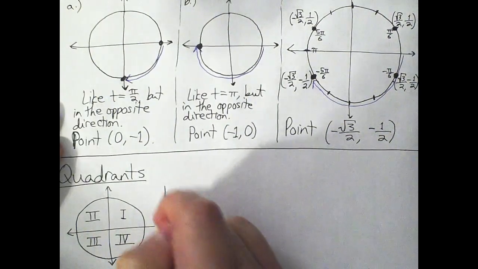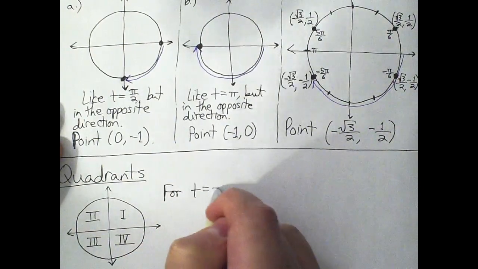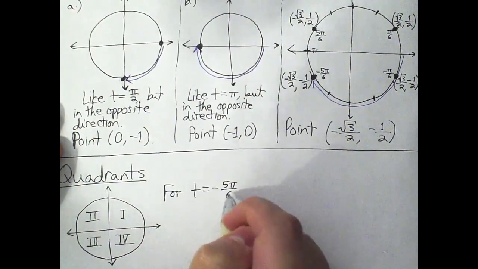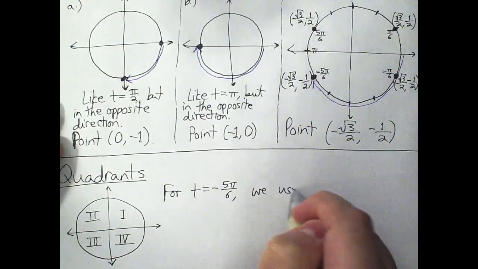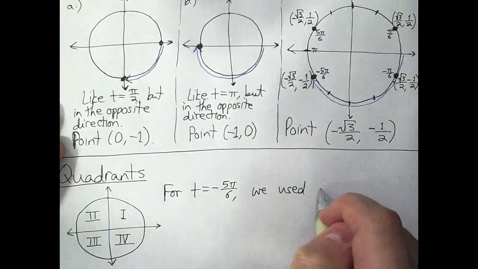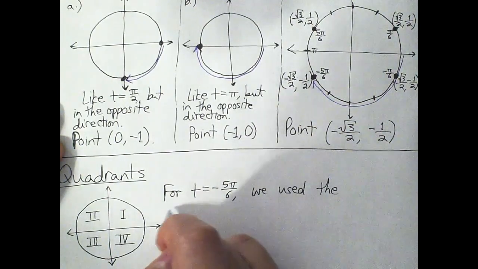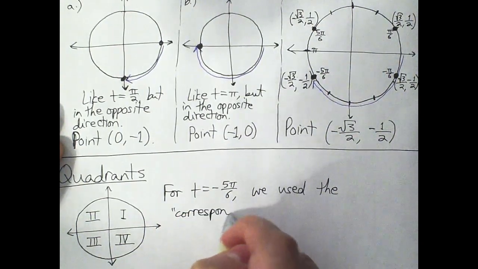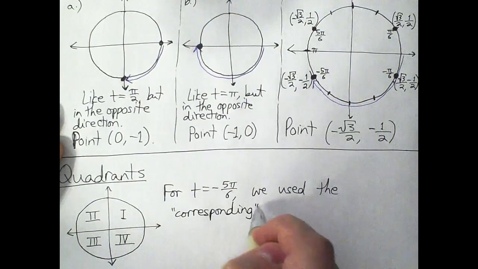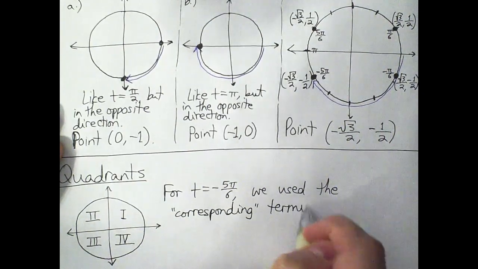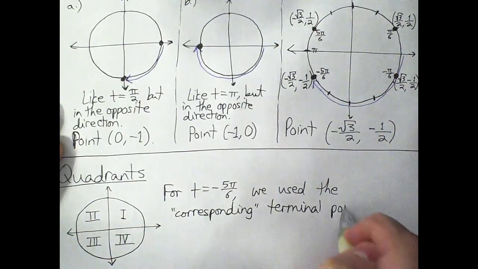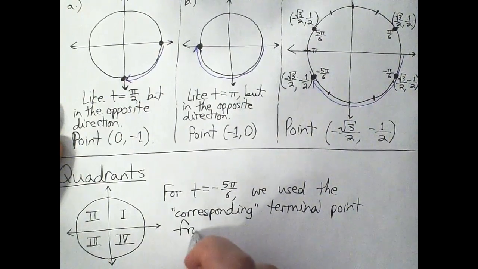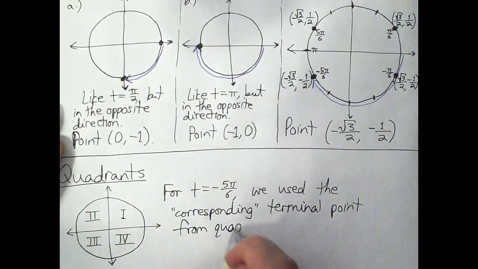And I want to say that for t equals negative 5 pi over 6, we used the corresponding terminal point from quadrant 1.